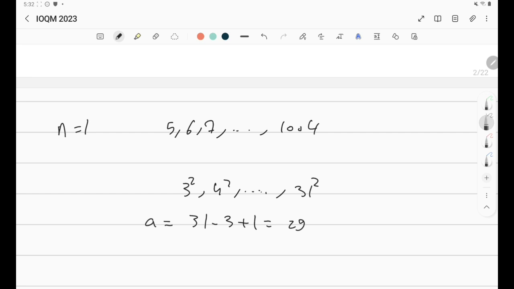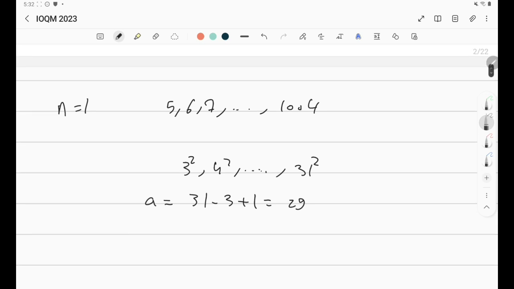Actually, if you think about this, then you might feel that this is wrong. And indeed you're right to wonder, because what if, maybe for n equals 2, we were able to get 32 square without losing 3 square. That means this is a better answer. We're going to get 30 here.